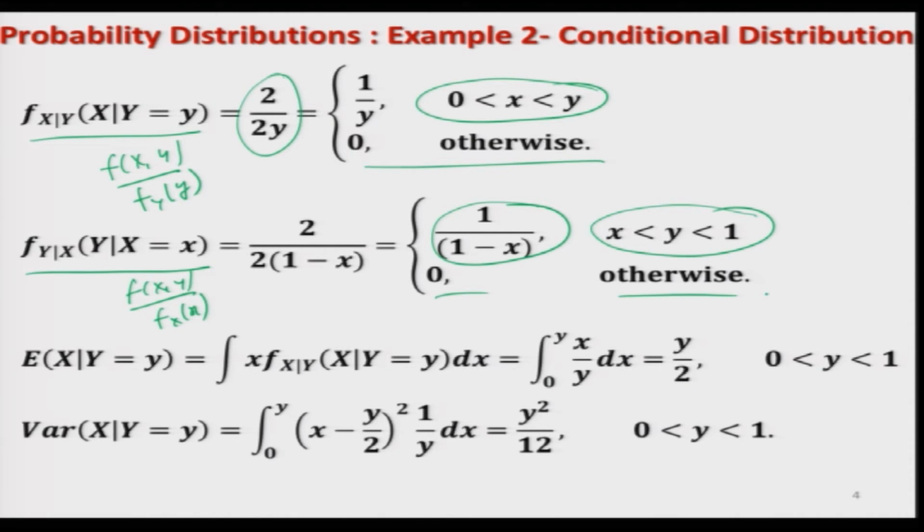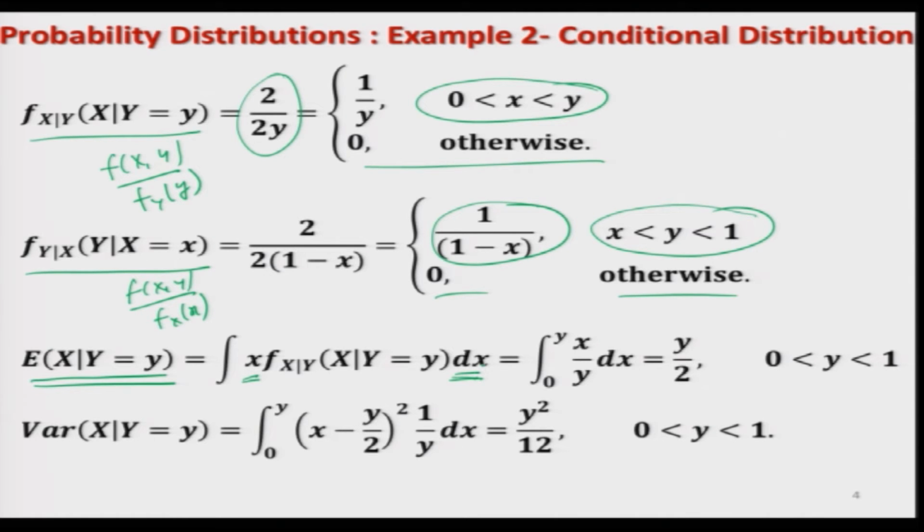Now, in case you want to find the conditional mean and conditional variance, you can find them for the conditional distribution of x given y as well as for y given x. Just for the sake of example, I take the conditional expectation of x given y. That is simply going to be the integral with respect to x, and here it will be dx.